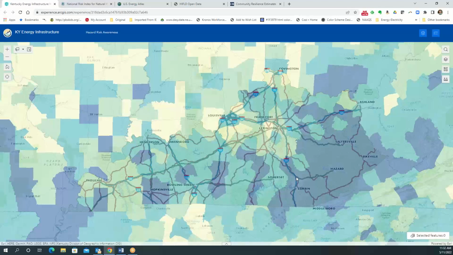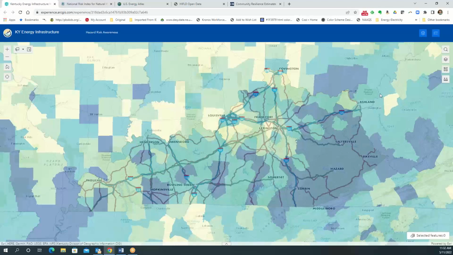So this is a nice companion index to show, okay, in addition to those areas that may be at risk for certain disasters, they're also socially vulnerable, meaning they may not be able to recover as quickly when a disaster affects those areas.